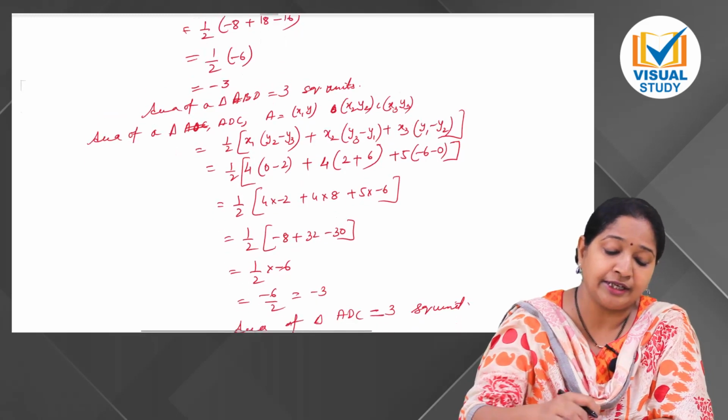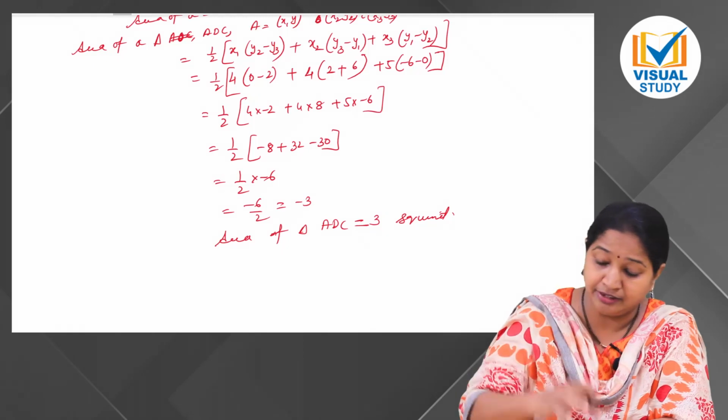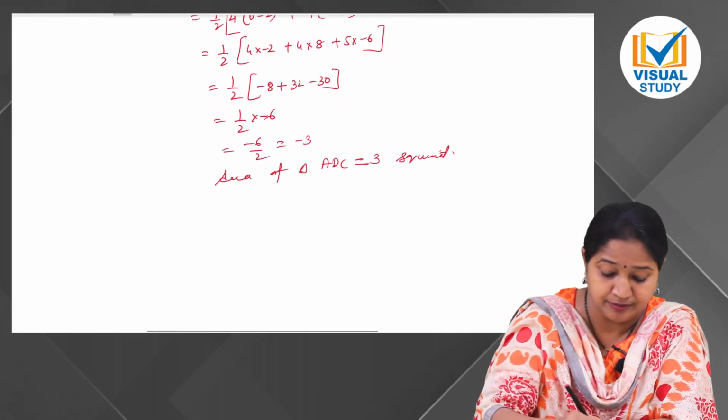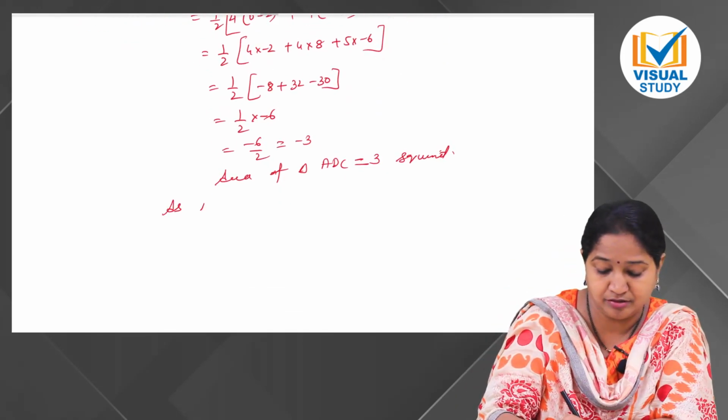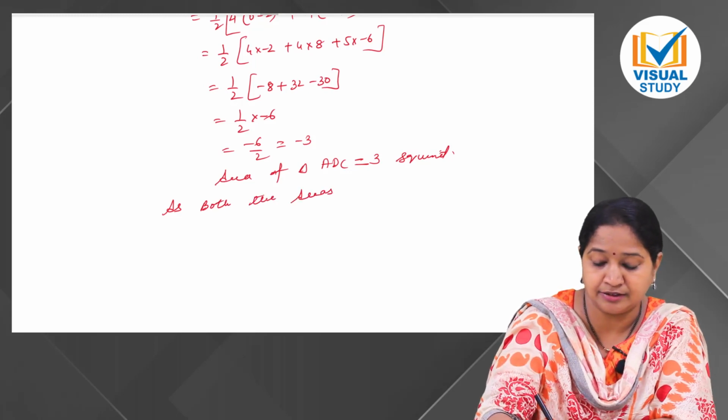So what you got? Area of ABD is 3 units and ADC is also 3 units. Here both the areas are equal.